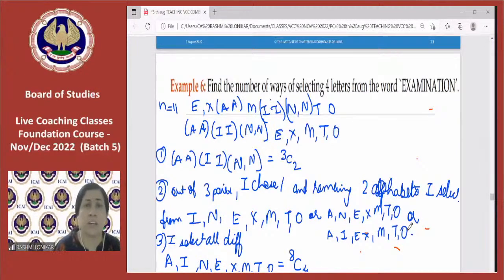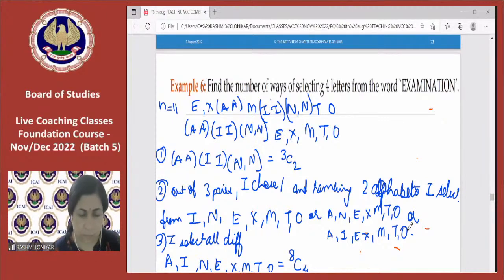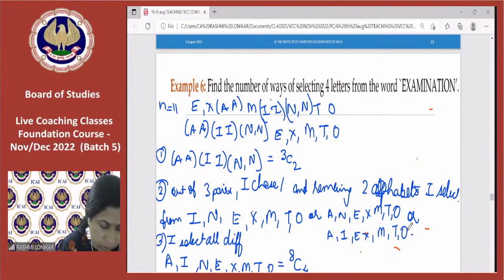This is the way you have to select the pairs, selecting the 4 letters from the word examination. Ardhendu, Bala, I hope you have understood.